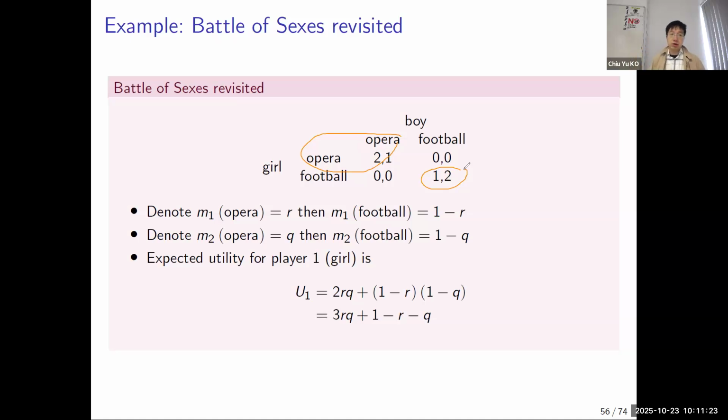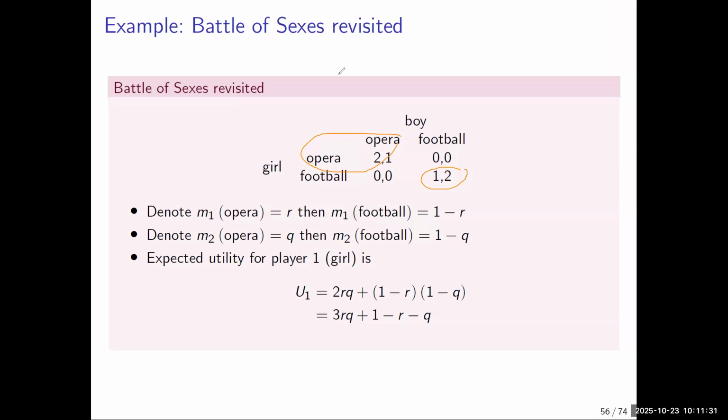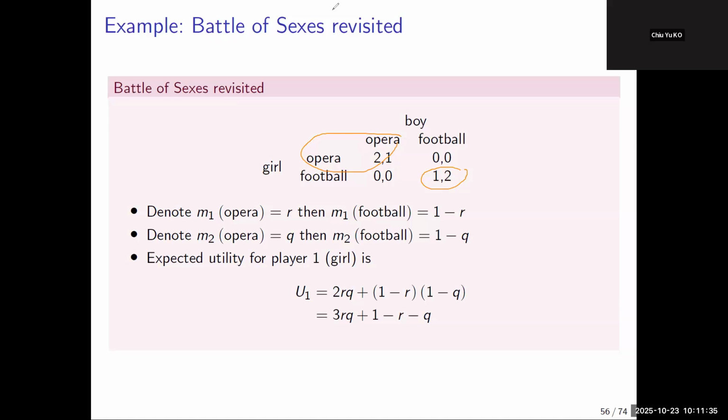And we want to show this. What happened? This is one more equilibrium. That's a mixed strategy equilibrium. Okay. And the question is whether the mixed strategy equilibrium makes sense. Okay. Later you will see.